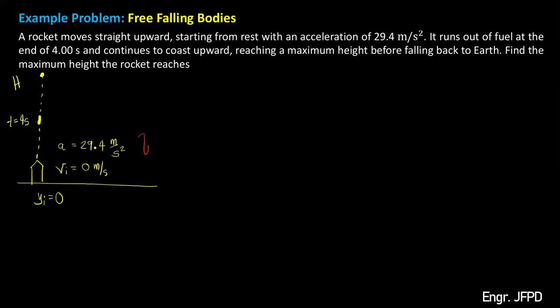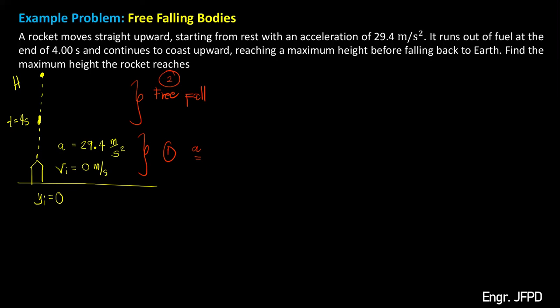The first part of the motion has an acceleration of a, and the second part of the motion is under free-falling bodies. This is our second part of the motion.